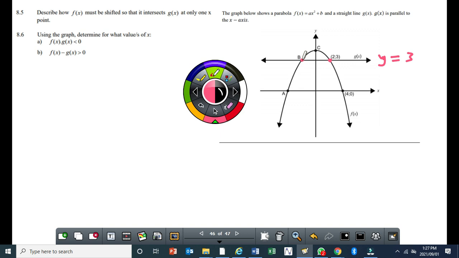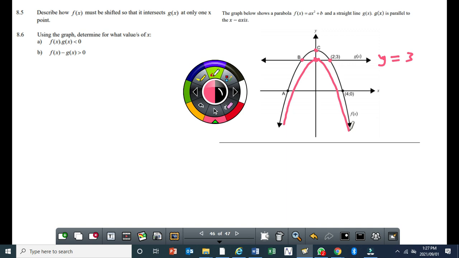x point? The only way you can do that is to move the graph of f by 1 unit, because y is 4 here. We move it by 1 unit down so that it will look something like that.